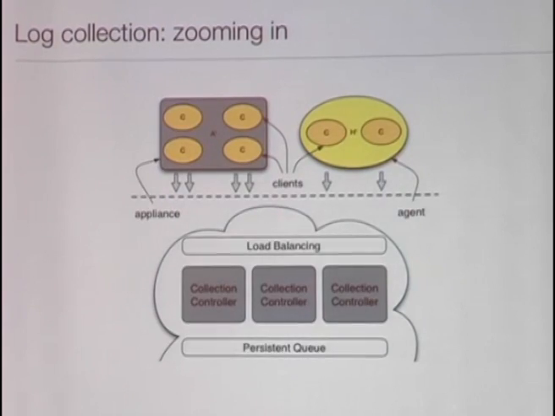If we look inside the new appliances and the hosts on which we install new agents, the software is structured as a set of programs written in C++. One program, for example, handles syslog collection. Another handles Windows event log collection. The third one handles flat file collection. And the fourth program supervises the first 3.